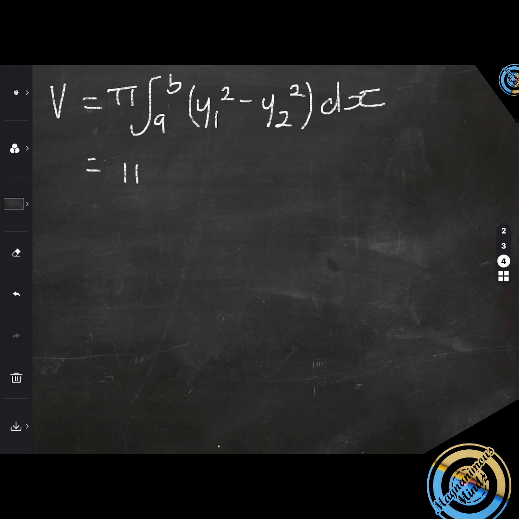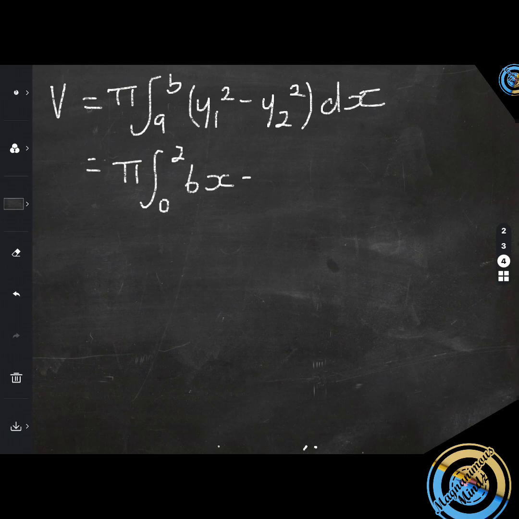So in this case, it's going to be pi. Our a and b is the same as the previous question. It's going to be 0 to 2. Then our y1 and y2 is the same as in the previous question.